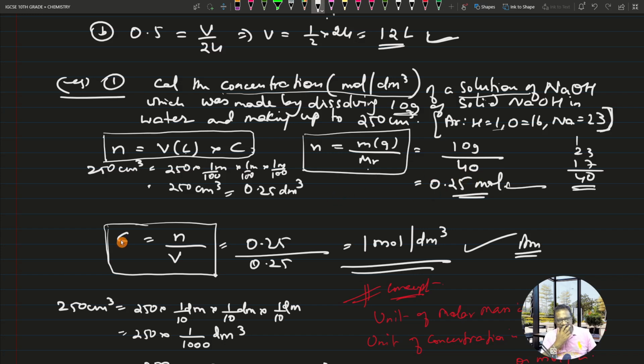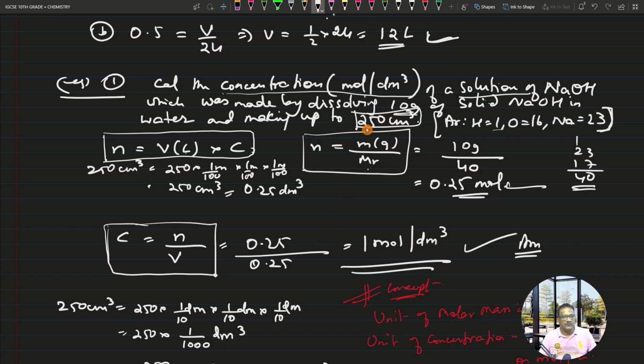Okay. Now in this formula, C equal to N upon V, you can very nicely take N as 0.25 divided by volume. Now volume is given as 250 centimeter cube. Okay. But you are supposed to take the volume in liters. So 250 centimeter cube, you will have to divide by 1000 to get the answer in liters.